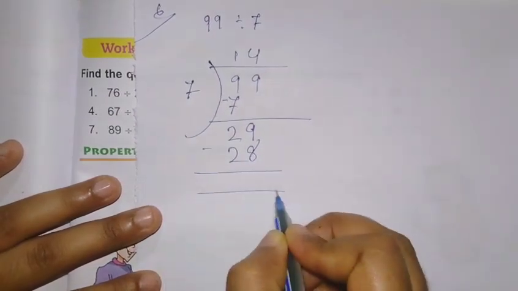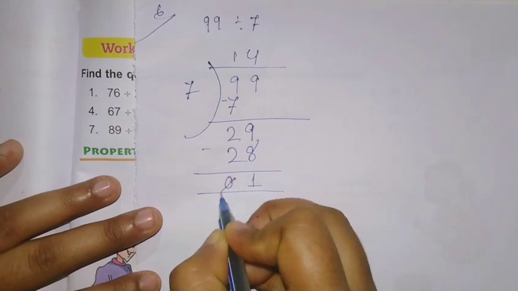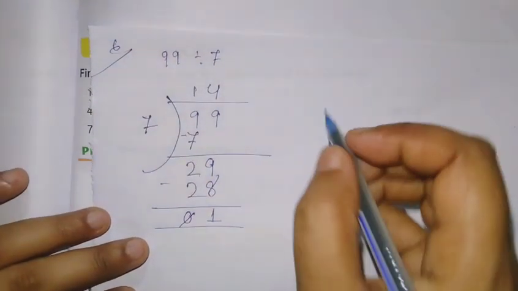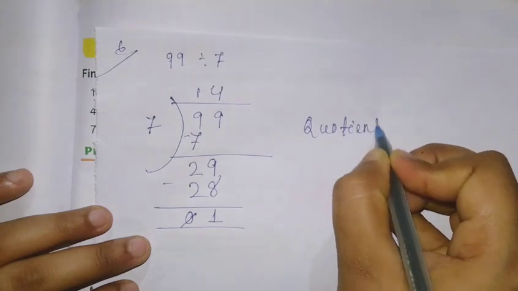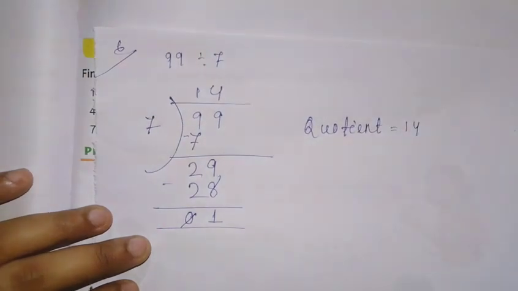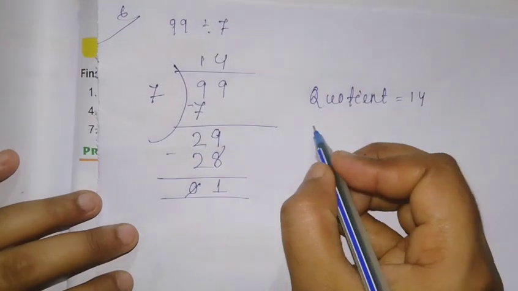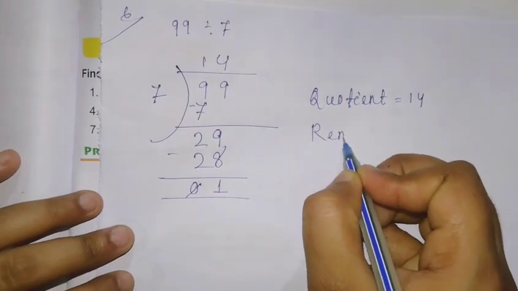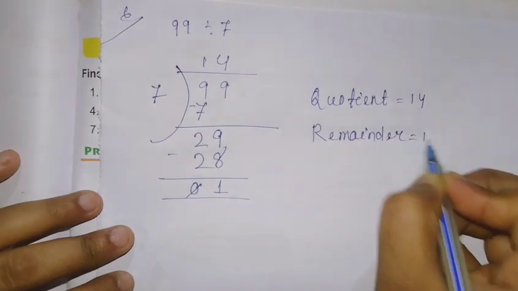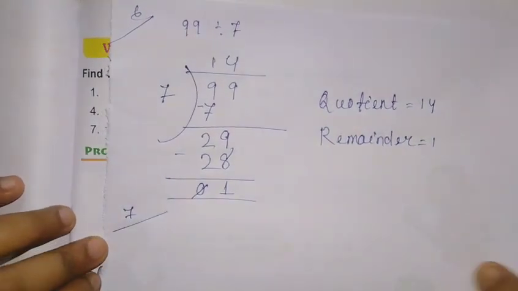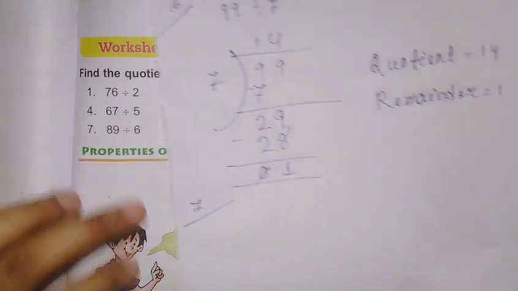And 29 minus 28 equals 1. Then we get quotient equal to 14 and remainder equal to 1.